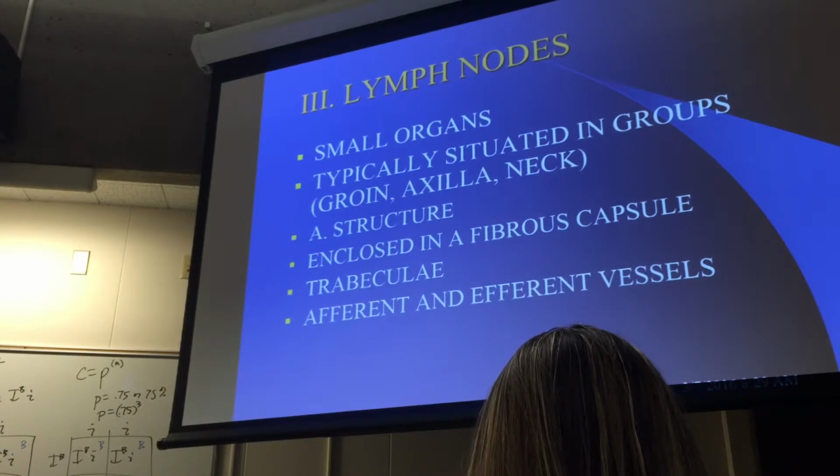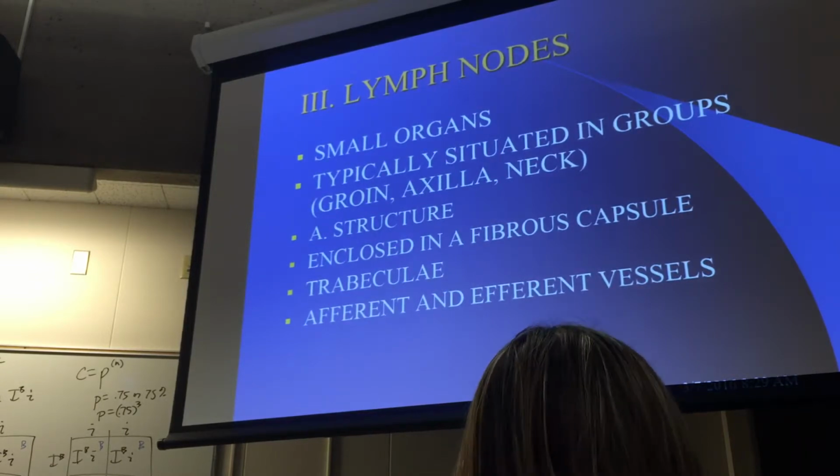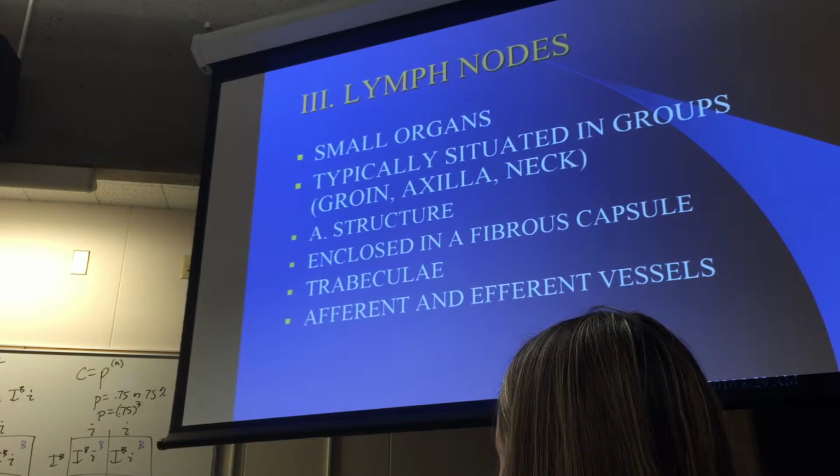They're enclosed in a fibrous capsule. They have little beams in them called trabeculae, and there are afferent and efferent vessels. You guys remember those terms? Afferent and efferent? We used them before with what?